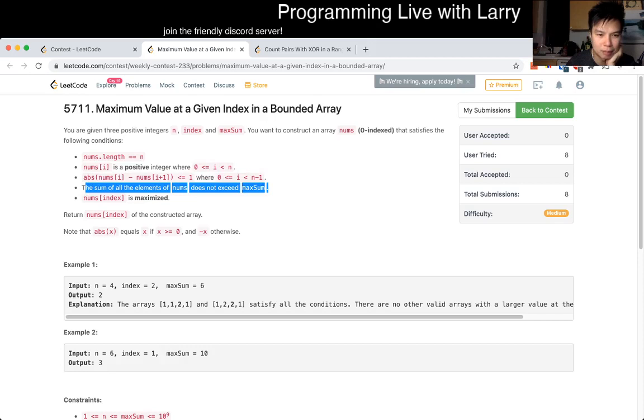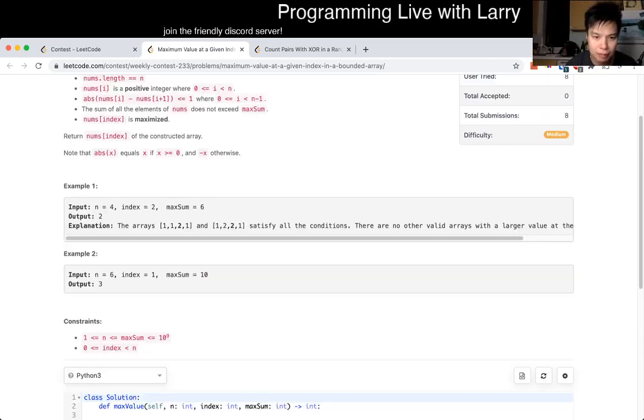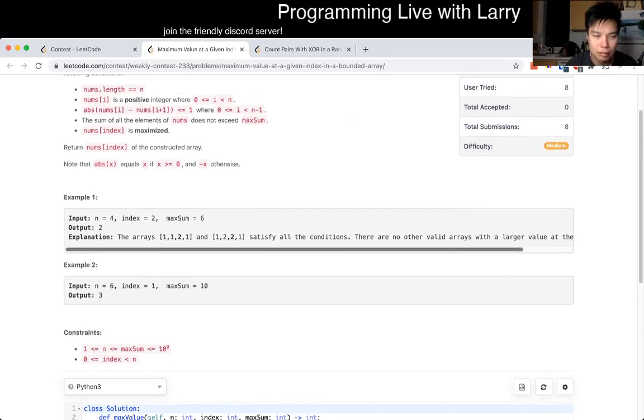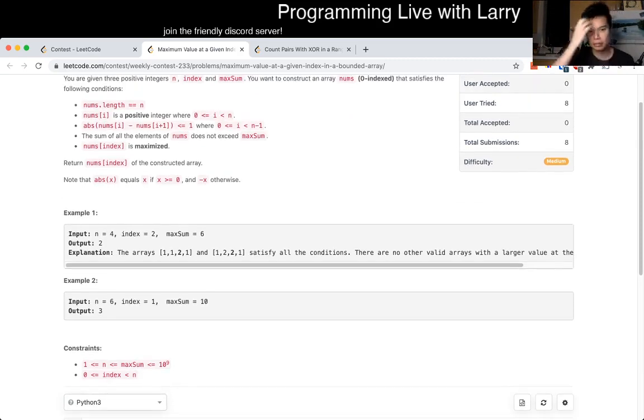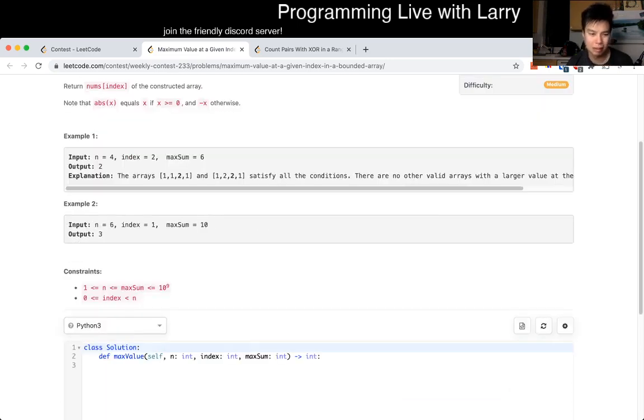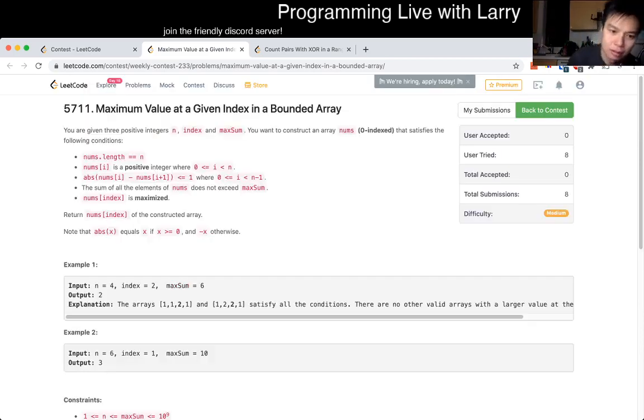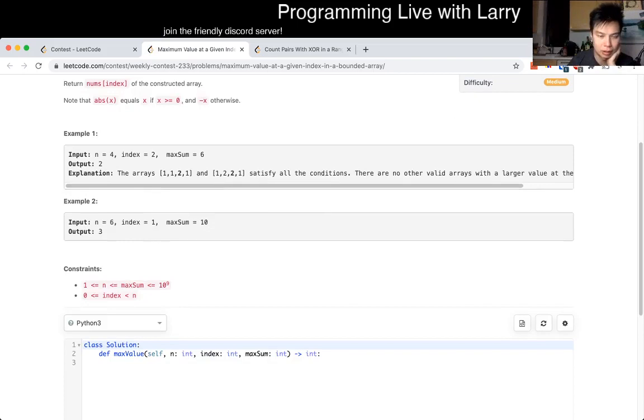The sum of the nums of index is maximized. Index is 2. I mean, this is just math, but it's really annoying math. Math and maybe binary search.